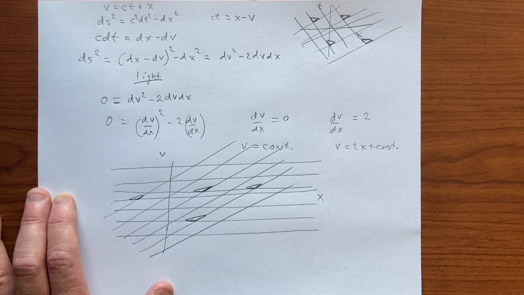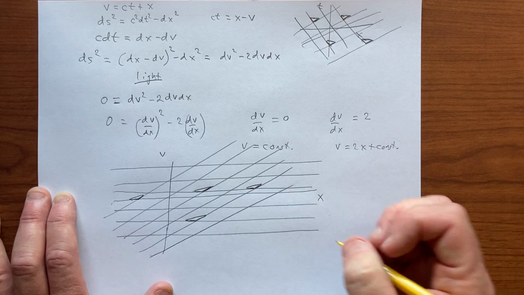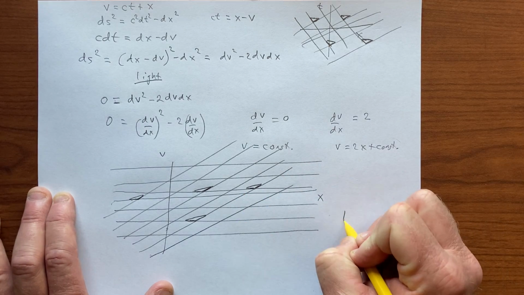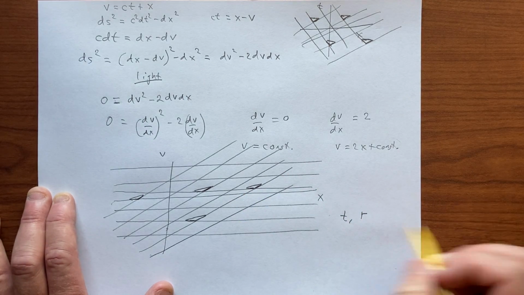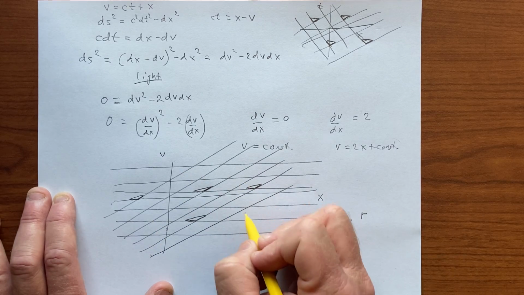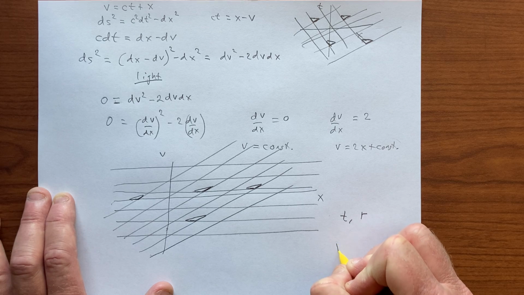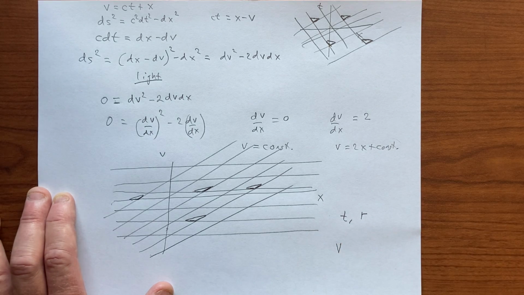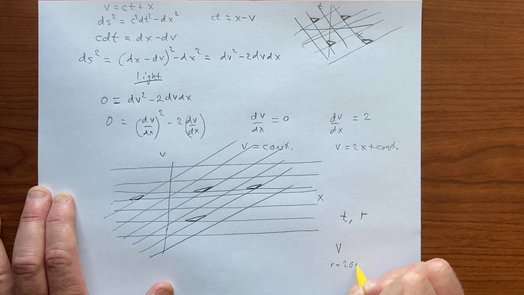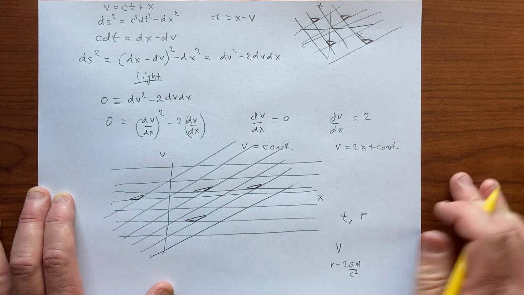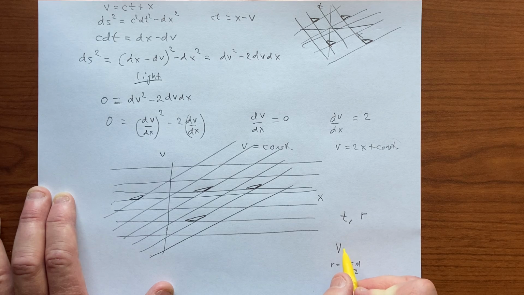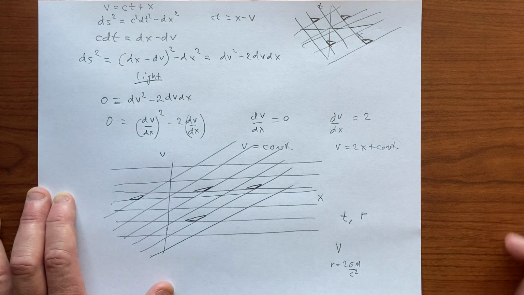The point is that we are in a situation where we're using coordinates t and r in a curved space, and we found that as we approach some value of r, the light cone seems to be closing in on itself. And so that looks a little strange. We want to cross this r equals 2GM over c squared, such that the light cone doesn't do that, so we can get some greater physical insight into the physics of that region.